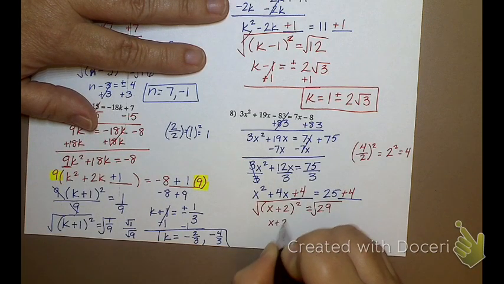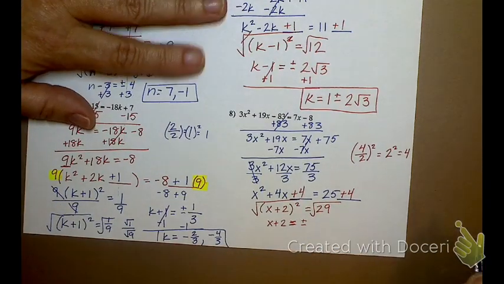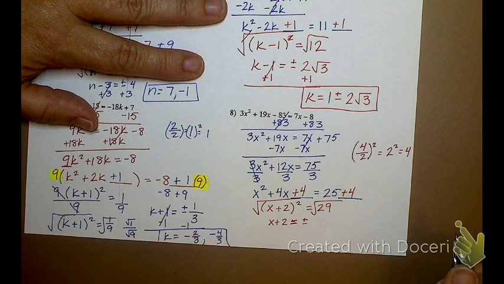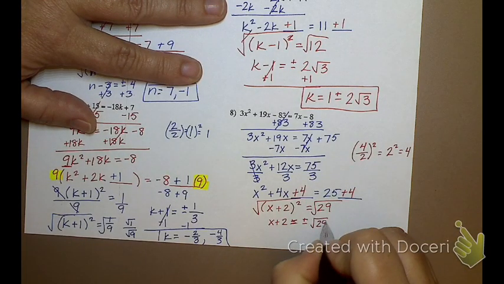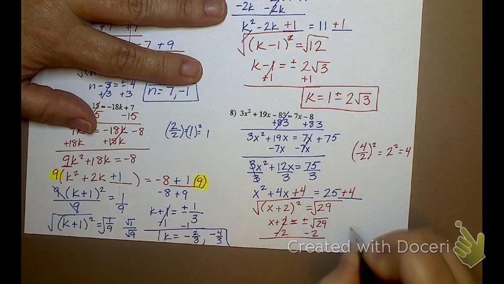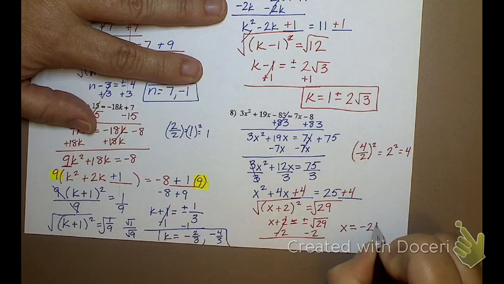X plus 2 equals plus or minus. Can I square root 29? No. Can I draw a tree? Wait. It's prime, isn't it? So it's just rad 29. Subtract 2. And my answer is x equals negative 2 plus or minus radical 29.